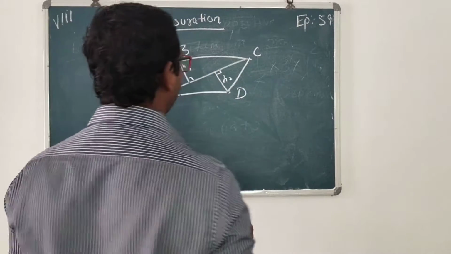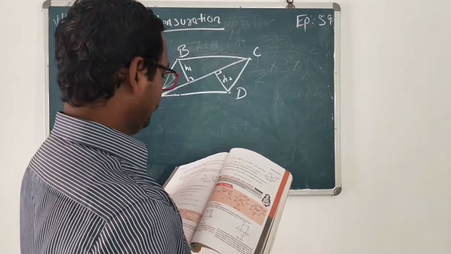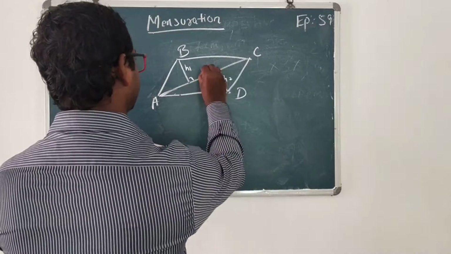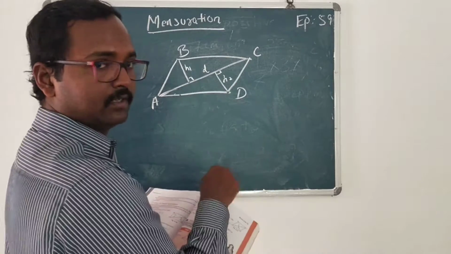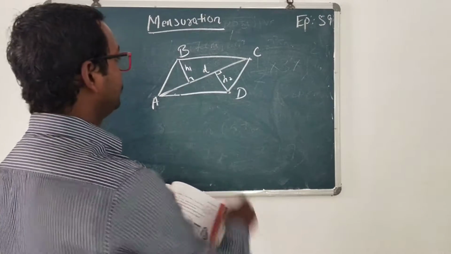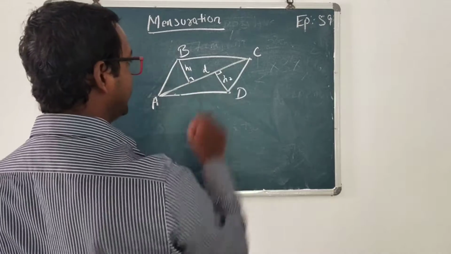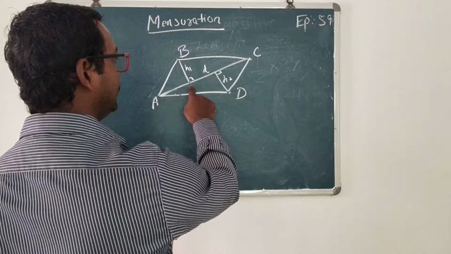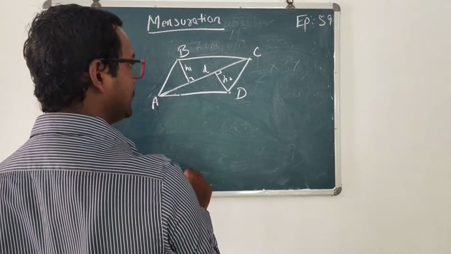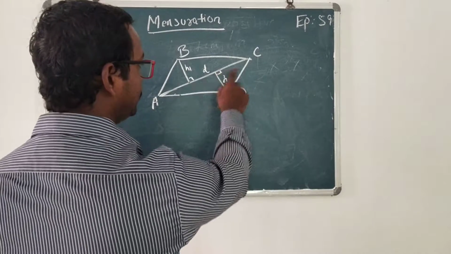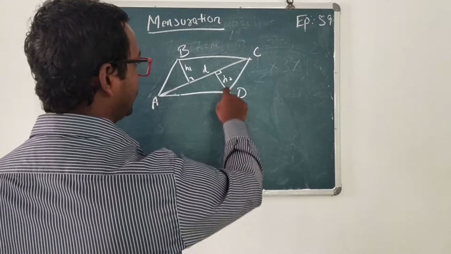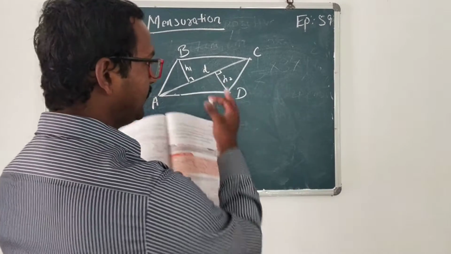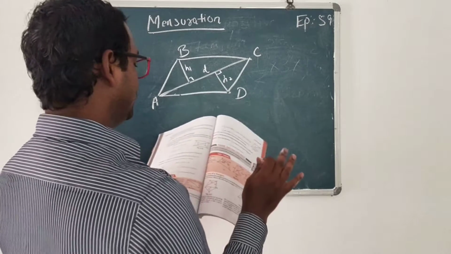In this figure, we are given a quadrilateral with a diagonal, and from this vertex to this diagonal, the altitude, the height, is h1. From this vertex B to this diagonal, the altitude is h2. So whenever we have a figure like this, it is a very general quadrilateral.